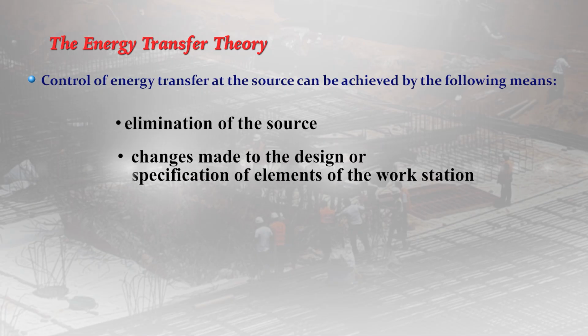Then changes made to the design or specification of elements of the workstation, means at the work site you make changes either in the design or in specifications of some elements which may be the cause of the accident. Then preventive maintenance. By doing preventive maintenance you can control the source of the energy. Means if you are doing preventive maintenance, then there are fewer chances of any accident to happen.